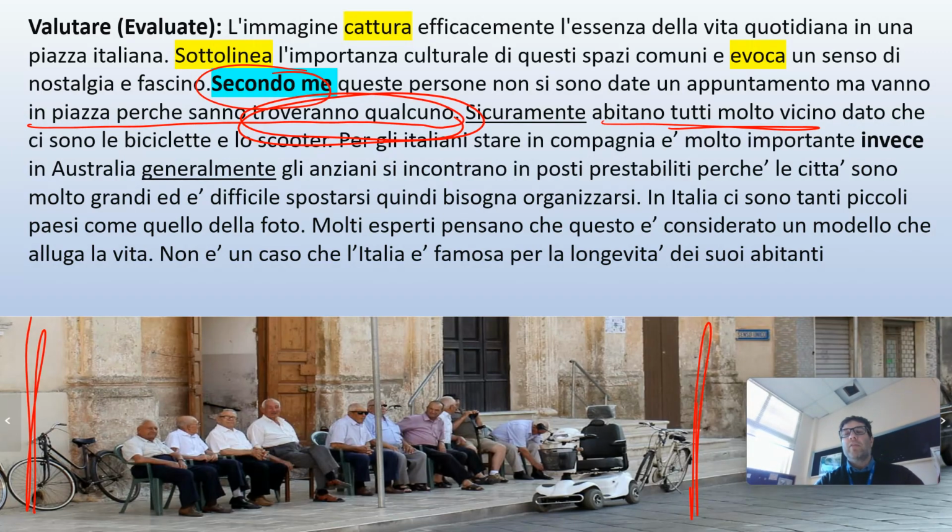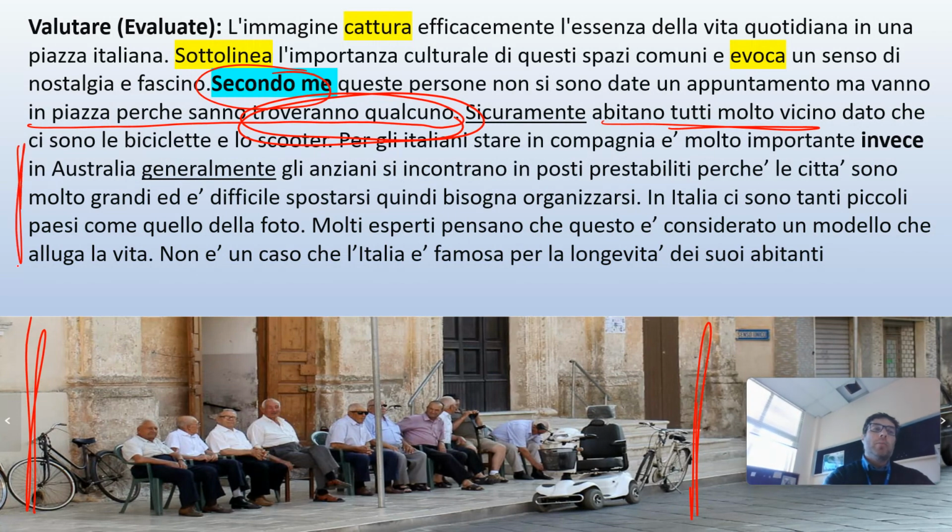It could be referencing the lifestyle in Italy and the Italian lifestyle, but if you choose something that you have studied in class and you've done a lot of background research, you will be able to say why they're there, what is the consequence of that behavior, and how this is different or similar to what we have in Australia.